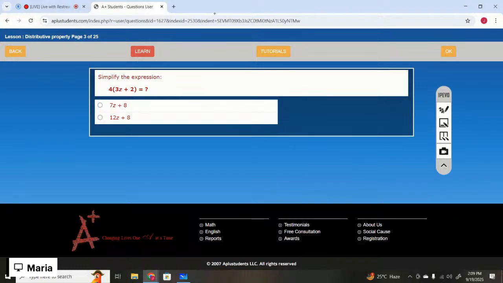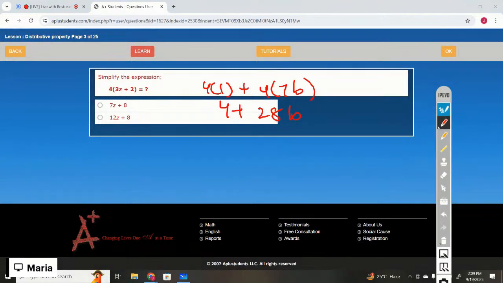Simplify the expression. That is 4 times 3z plus 4 times 2.